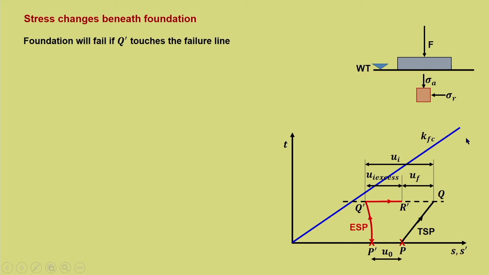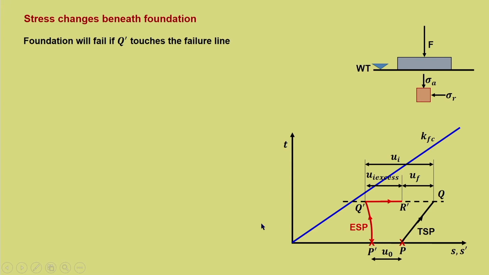So, in long term condition, a foundation which is subjected to compressive load and for a specific load will not fail if it does not fail in the initial period, that is during undrained condition, but definitely it can fail under drained condition if the stress becomes more and more.